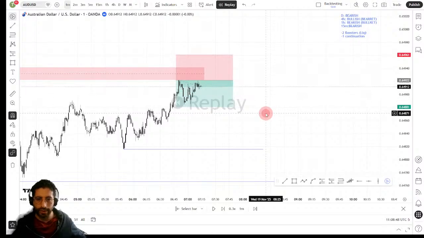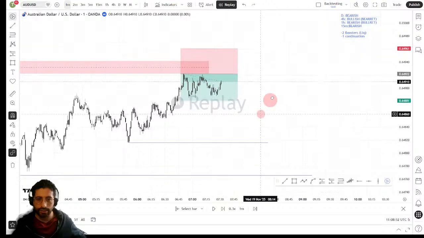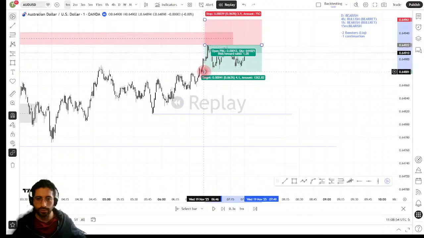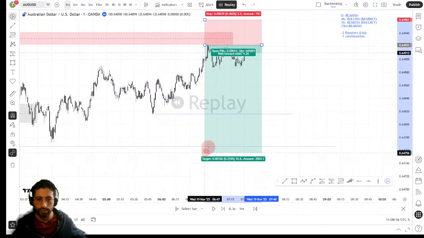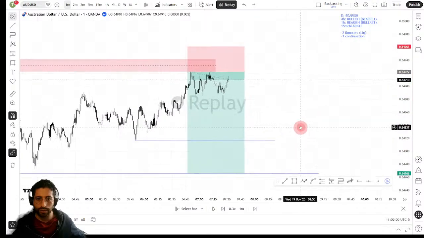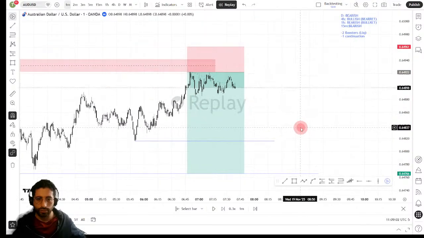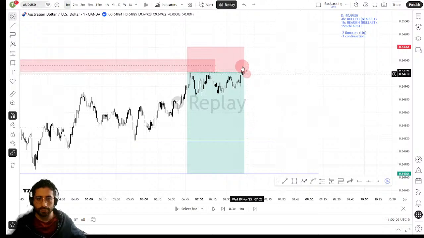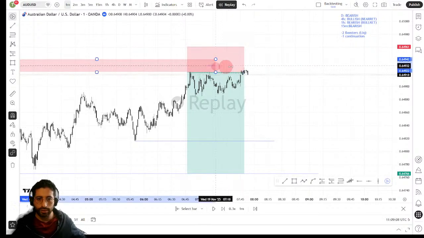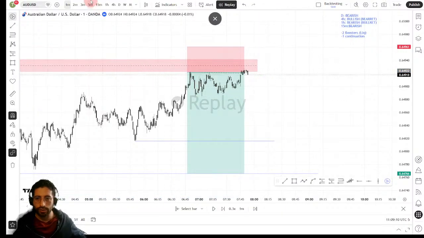Bear with it. This will be the low where we would like to see the reaction. So we have here a 1 to 4 risk reward ratio. Okay, it's coming up to the point of interest. We need to be patient.